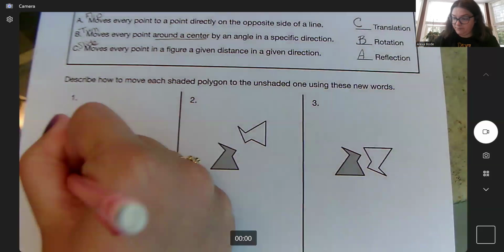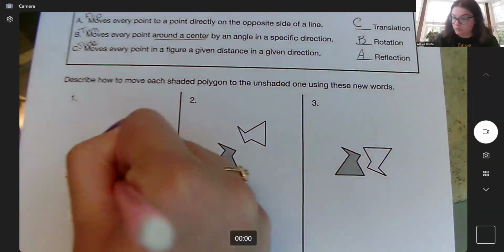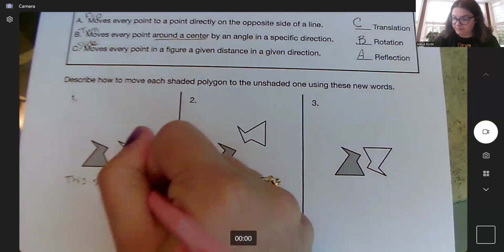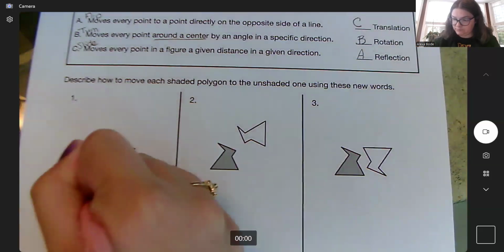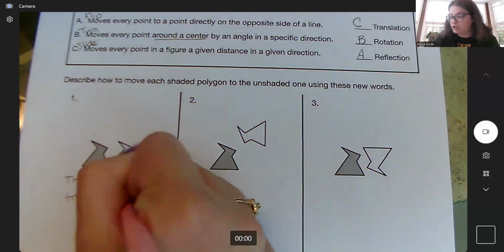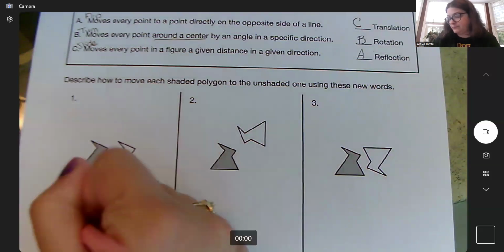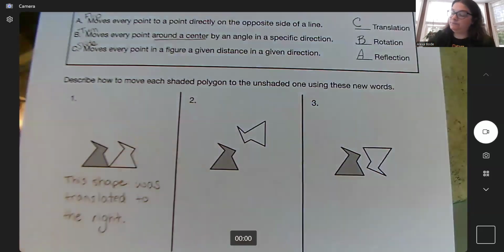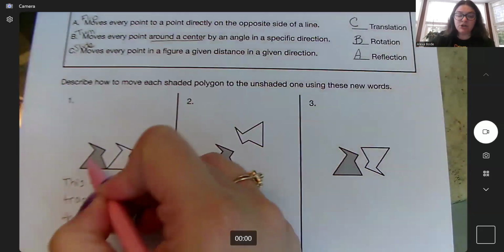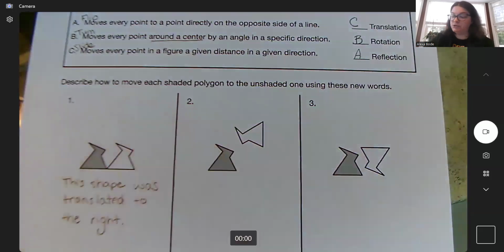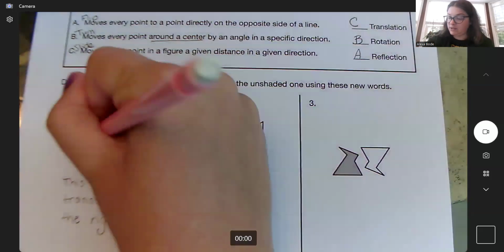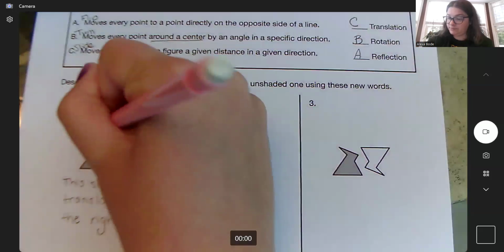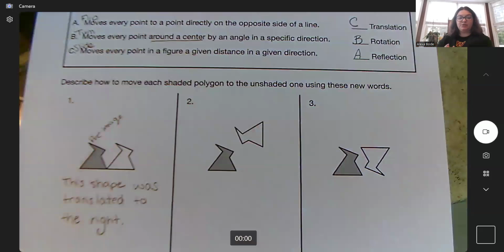This shape was translated to the right. I'm looking at this one as our first image. We actually call that the pre-image. So our shaded one is going to be our pre-image. Our pre-image was translated to the right.